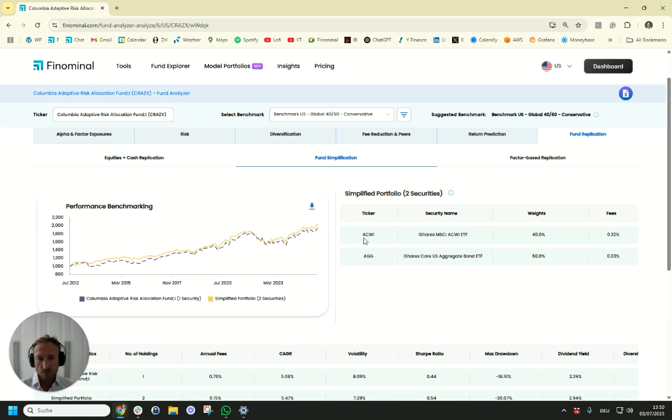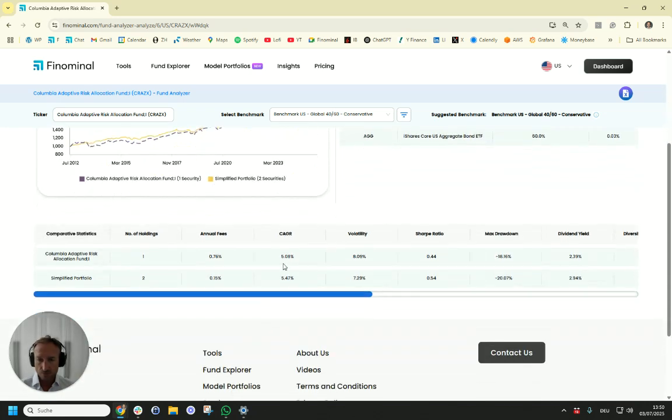So a simple portfolio of 40% allocation to the ACWI via an iShares product and AGG, again via an iShares product, where we allocate 60%. That replicates performance. It gives you actually a higher return, so 5.47 versus 5.08. You get a higher Sharpe ratio, 0.54. And you pay only 15 basis points versus 76.